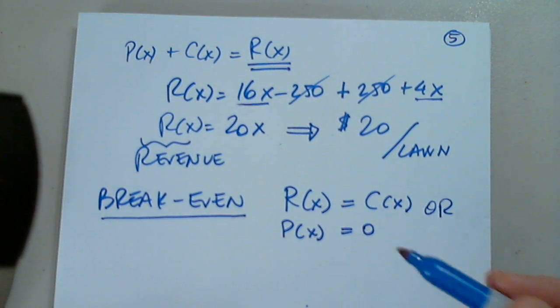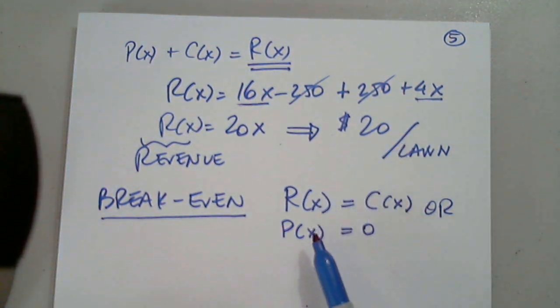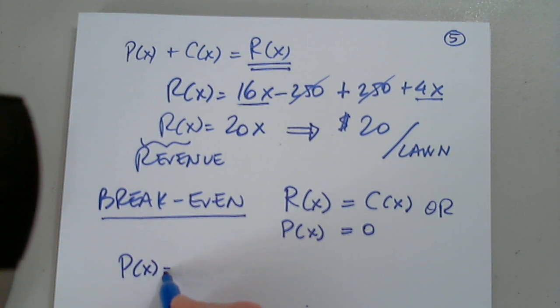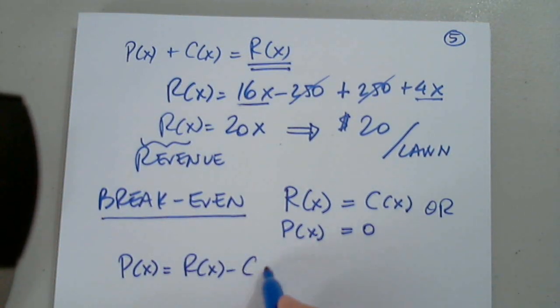This or this, same thing, because we know that the profit equals total revenue minus total cost. So when these two are equal, they cancel out and we get zero.